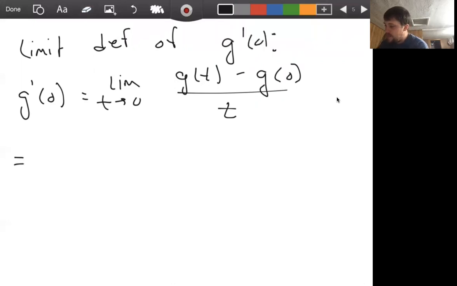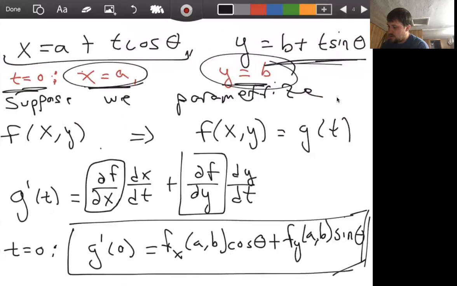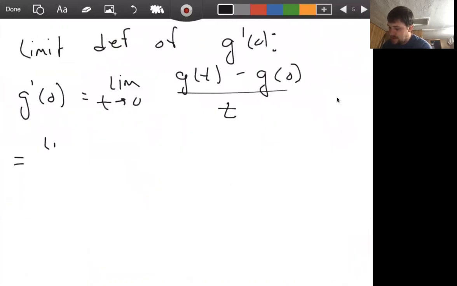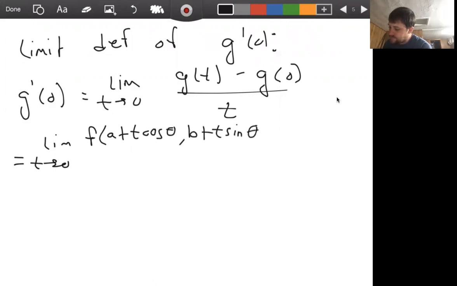g of t is just f of x, y, and so we could just sub in f of x, y and get the limit as t goes to 0 of f of, and I'll rewrite this now, getting rid of the x and y, a plus t cosine theta, b plus t sine theta, minus, and then what is g of 0?